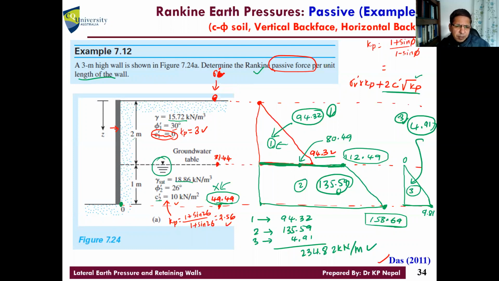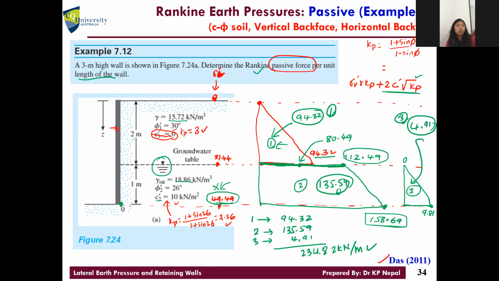So now we need to reduce water. Yeah, I didn't do that. That's the wrong thing, I think. 15.72 times 2, that's the first part. There is no water, so it is good. Plus the second one is just 1 depth, I think I used 2. So I can ignore the depth: 18.86 minus 9.81.